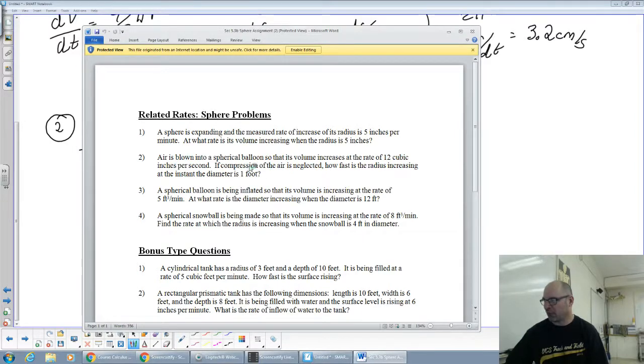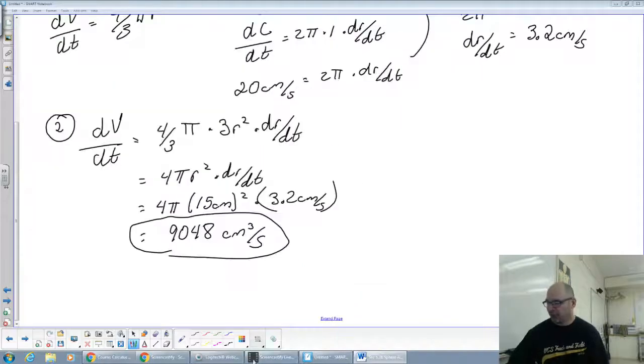If you do the top 4, you're probably good for today. I'll post those online, and I'll post the answers as well, the ones that Mr. Friesen did for us. That's what you can finish up today. Next day, we'll get into the next related rate, which will be either cones or cylinders or something like that. Okay, and we will see you tomorrow.